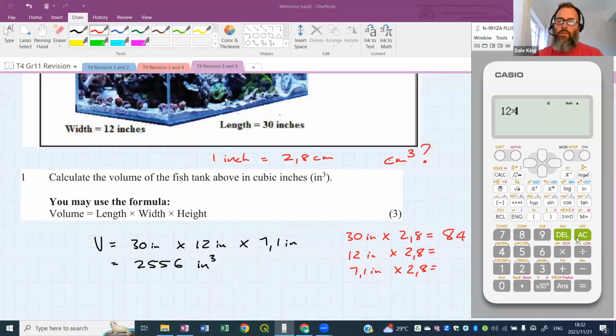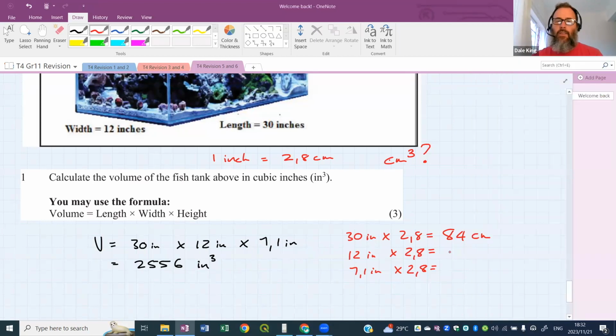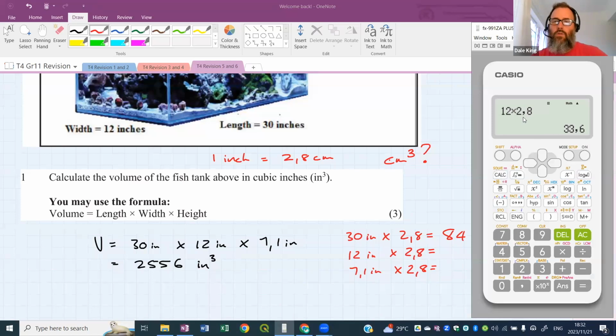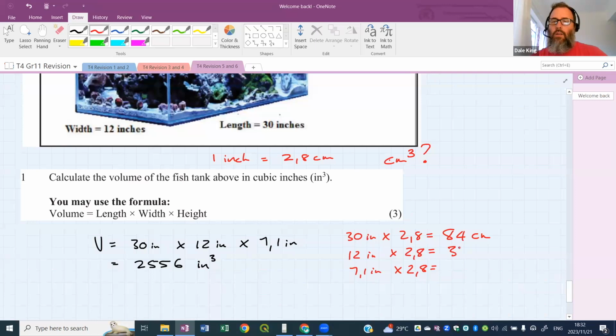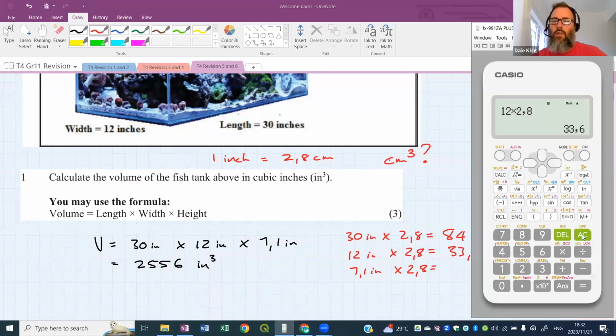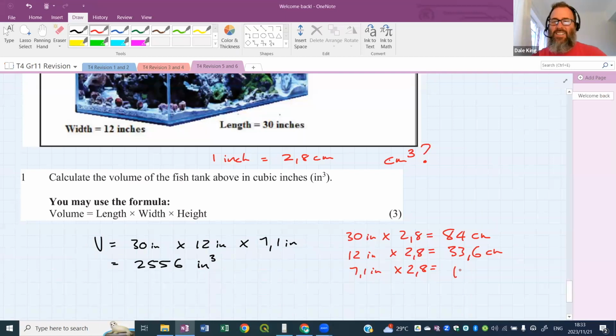Whoopsie. 12 times 2.8 is 19.88. Check your calculator there. 12 times 2.8 is 33.6. Oh, and the last one, are you talking about the last one? Sorry, Tando. You were talking about the last. Sorry. 7.1 times 2.8 is 19.88 centimeters. And then you take all three of those, you throw it into the formula, and it'll give you your answer in centimeters cubed.